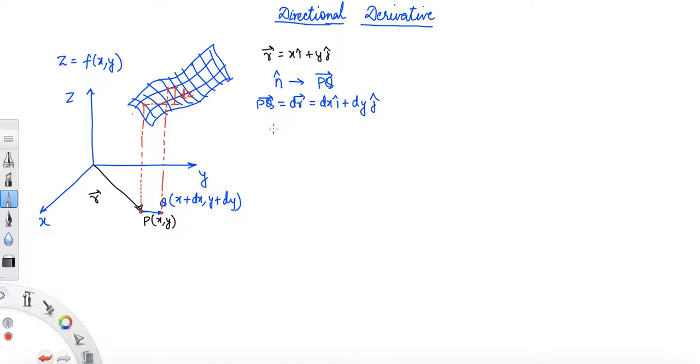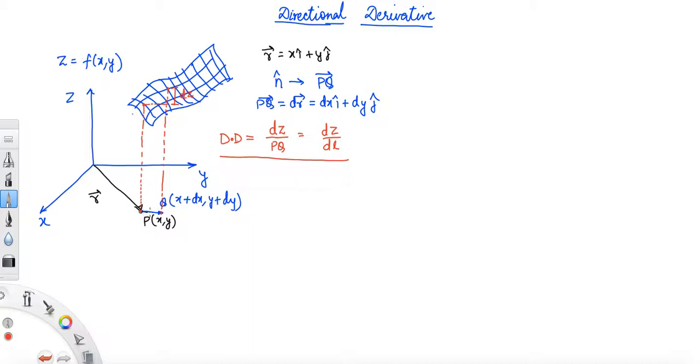So directional derivative is defined as the elementary change in z while moving from p to q over the elementary displacement, that is pq. If we say mod of this pq vector is dl, so we say dz over dl is directional derivative. This is how we define directional derivative.